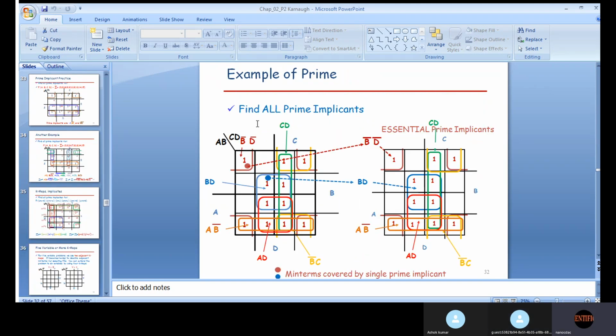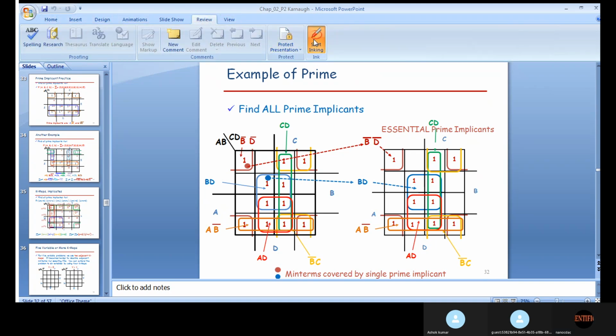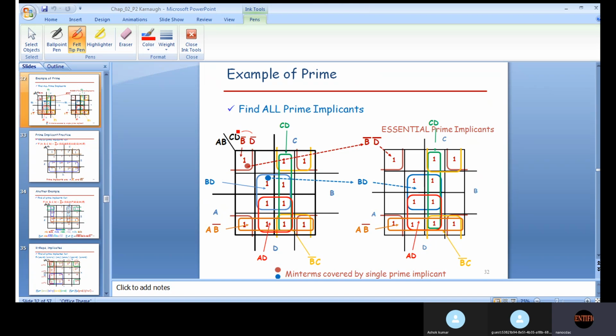What I told you: BD and B bar D bar are the essential prime implicants.